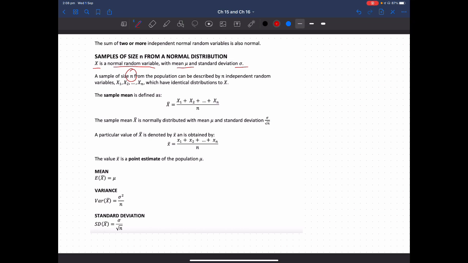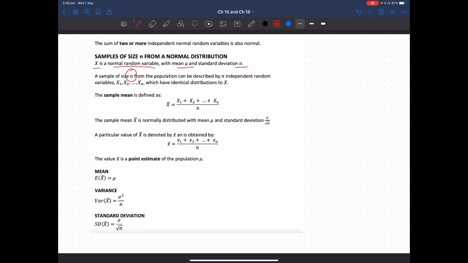So I could take out one group of 20 students and find out their opinion. I could take out another sample of 20 students and find out their opinion. I could take out another sample of 20 students and find out their opinion. They're the sample sizes, and the sample sizes I was using there was 20.